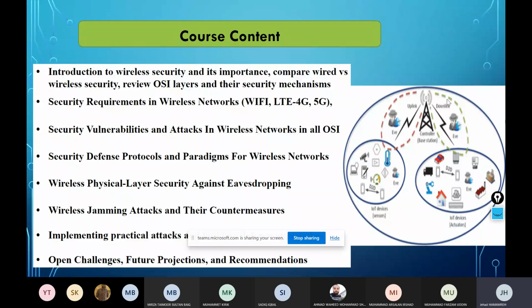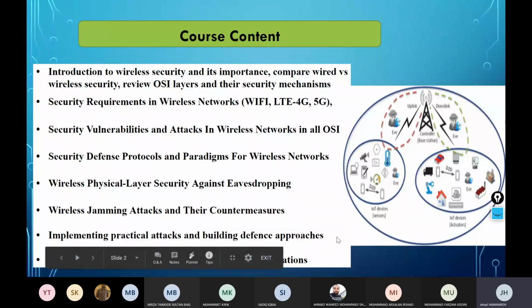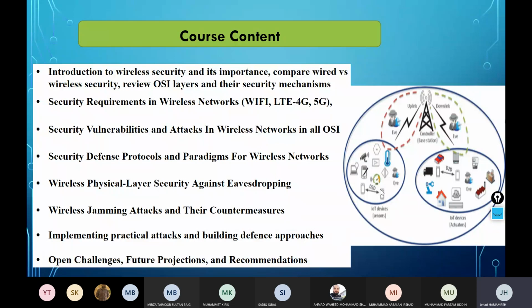After that, we will discuss wireless jamming attacks and their countermeasures. Not only the attacks that exist in jamming, describing their types and their different procedures, but also how to overcome these jamming attacks. Then we'll give you some hardware implementation examples where you can implement practical attacks and build defense approaches against these attacks and threats in the wireless networks.